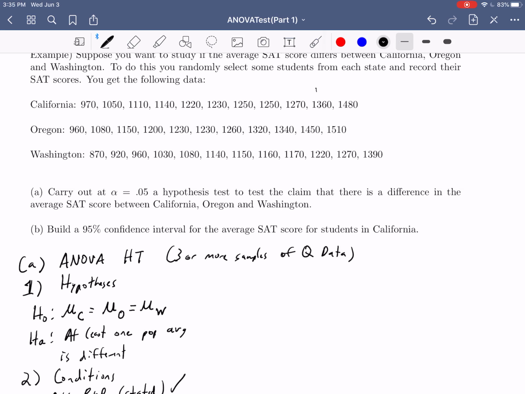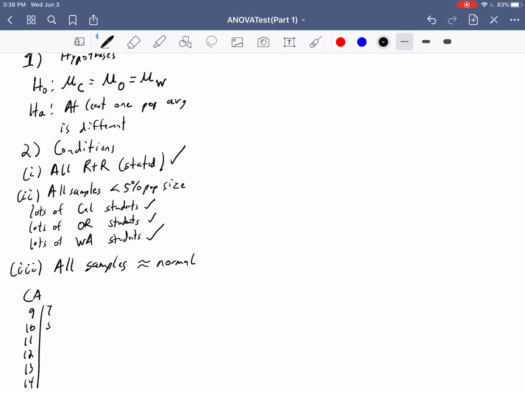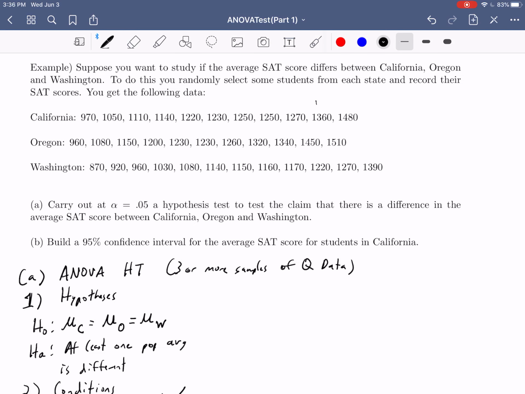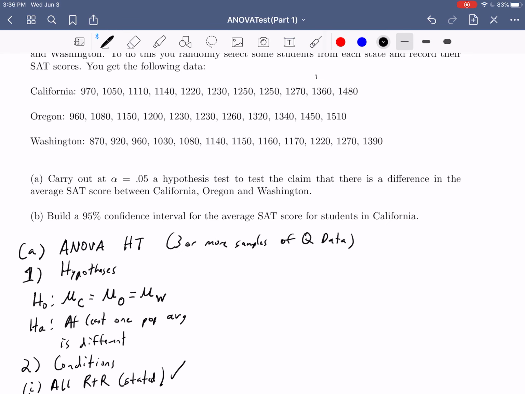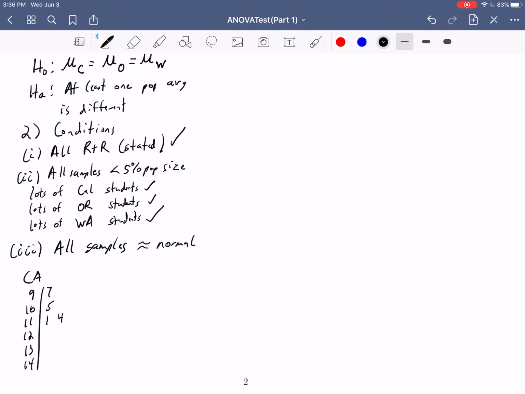For the 10, we'll have 10, 50. For the 11, we'll have 11, 10 and 11, 40. For the 1200, we'll have 12, 20, 12, 30, 12, 50, 12, 50, and 12, 70. So that sounds like 2, 3, 5, 5, 7.